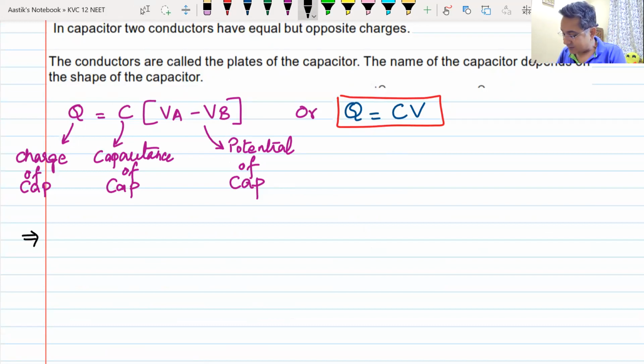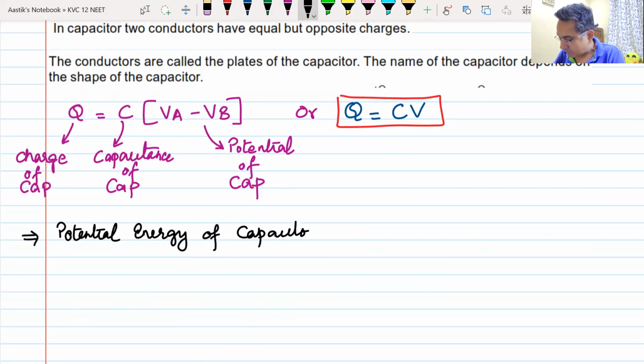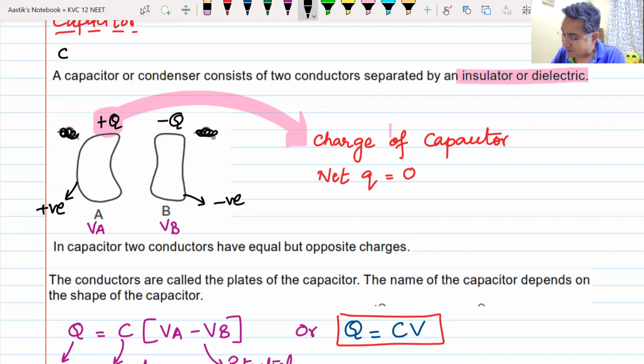The next thing is the potential energy or energy of a capacitor. Now remember, sometimes you will hear this term capacitor. What is a capacitor?